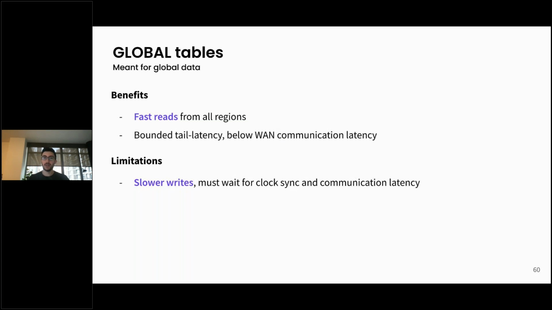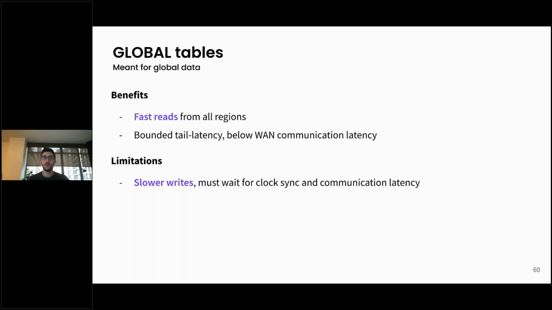So we see that using semi-synchronized clocks and this extension to our transaction model, we've managed to drive down the latency on reads on these global tables, offering optimal latency in the case of uncorrelated reads, and offering reliable tail latency that we can improve upon by improving clock synchronization.